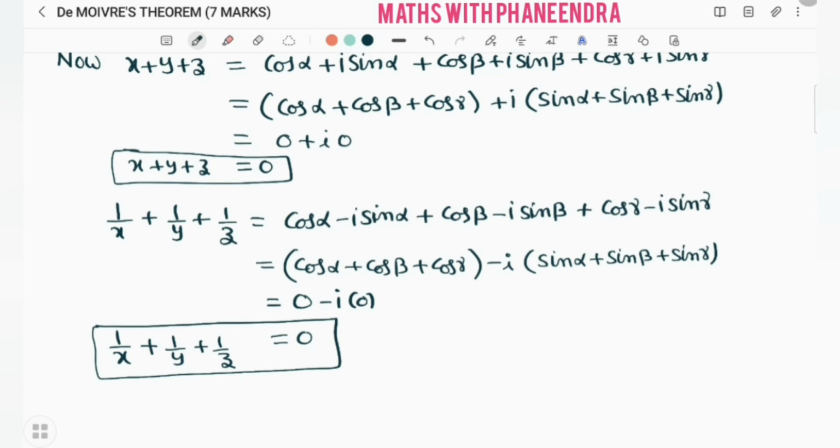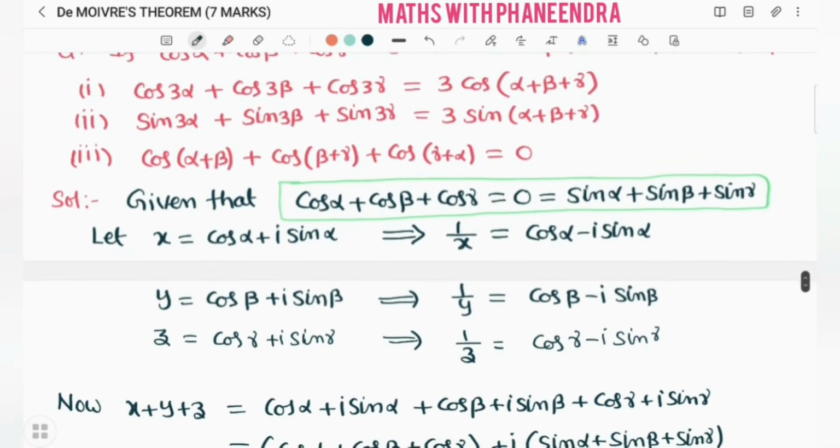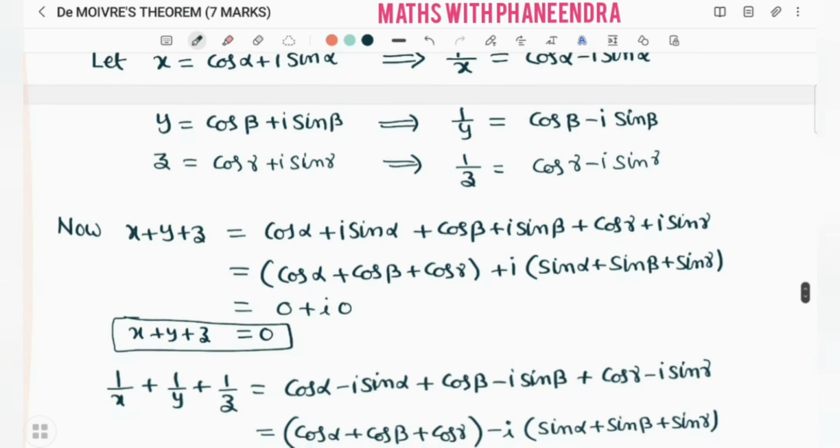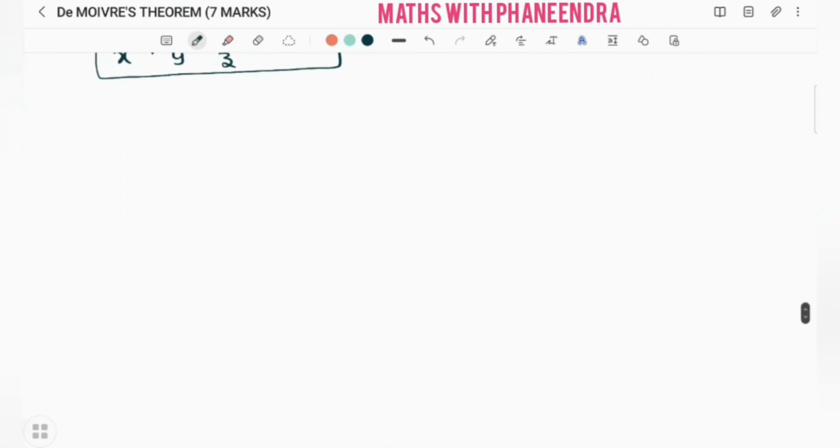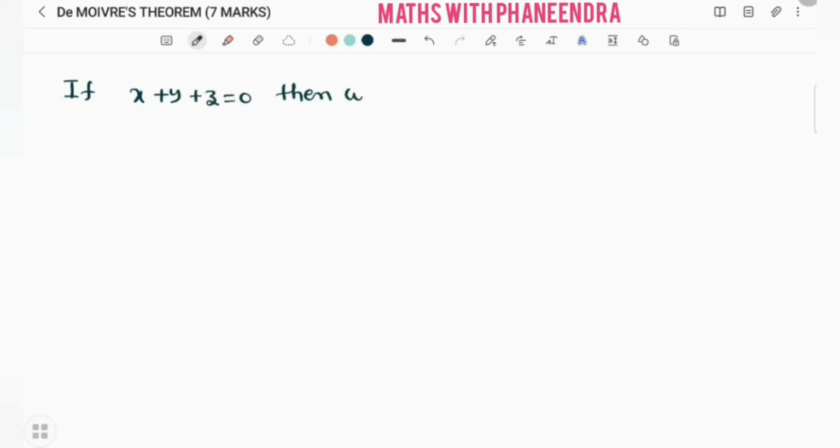But they are asking to prove the first question, cos 3 alpha plus cos 3 beta plus cos 3 gamma. So cos 3 alpha I want. One of the important algebraic expressions: if x plus y plus z is equal to 0, then we have x cube plus y cube plus z cube is equal to 3xyz.